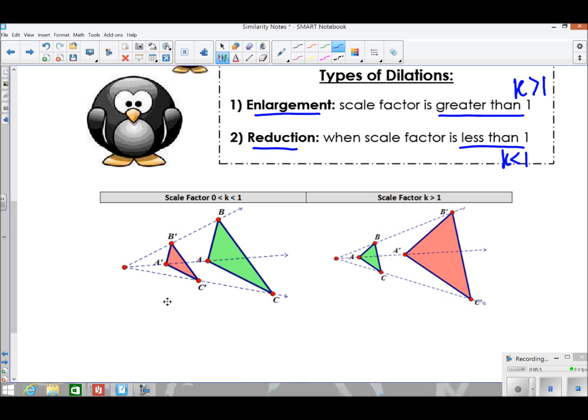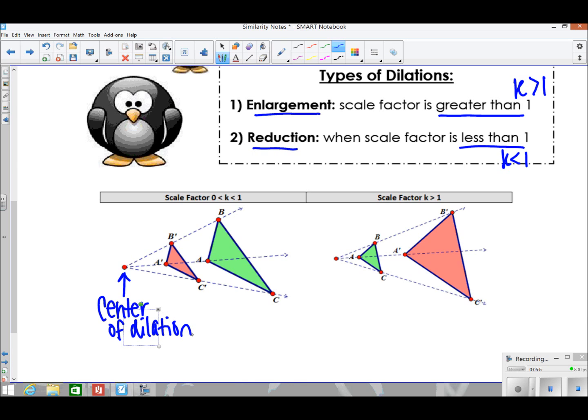What's also important to look at is this point right here. This is the point where everything's being expanded or contracted from. Remember that this is called the center of dilation, which is always going to be that first point in the notation. So this is the center of dilation.